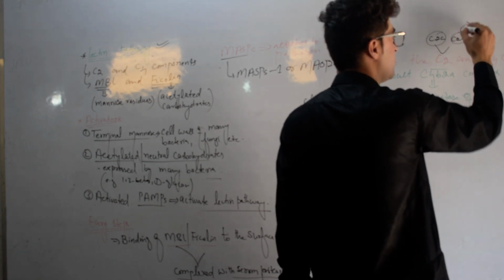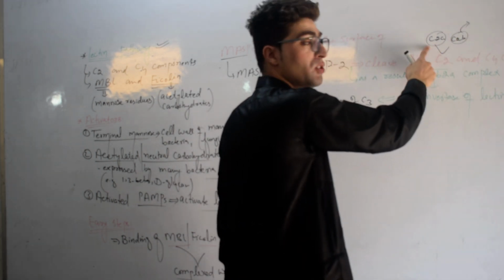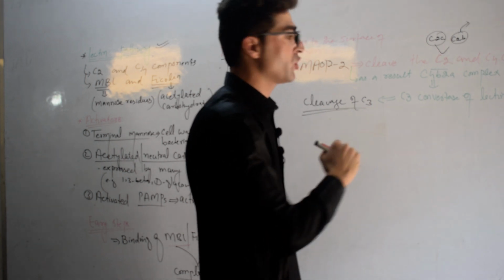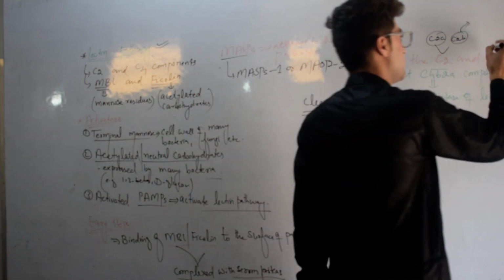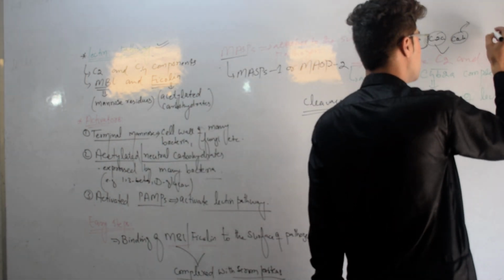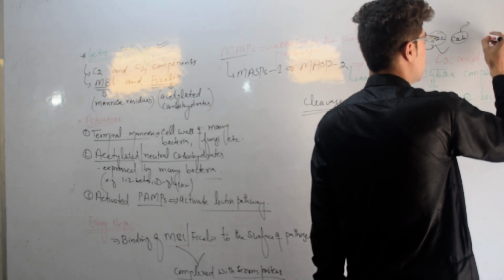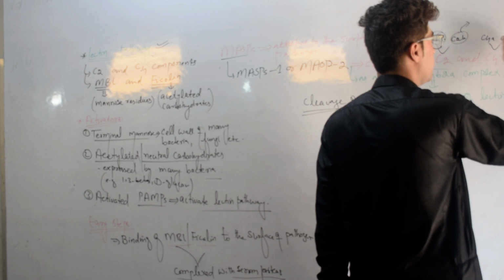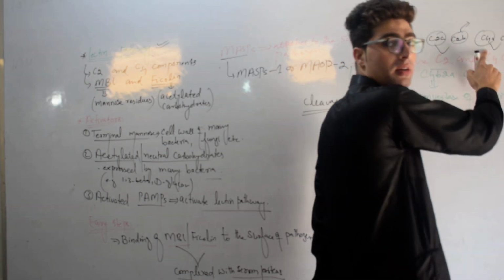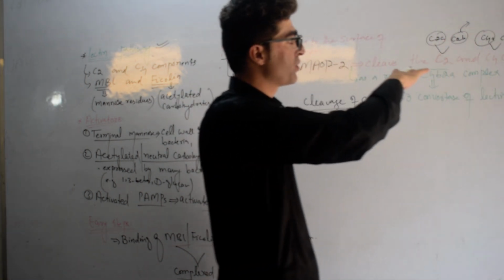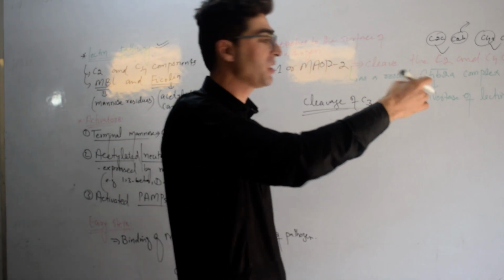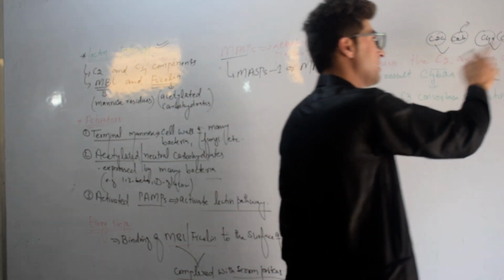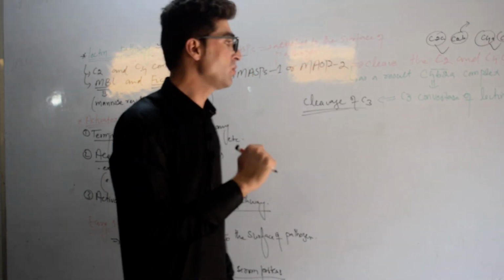The C2B is released into the fluid phase, and the C2A remains attached to the surface of the pathogen. C4 is also cleaved into two fragments, C4A and C4B. C4A, which is a smaller fragment, diffuses out of the site of activation, and the C4B remains attached to the surface of the pathogen.